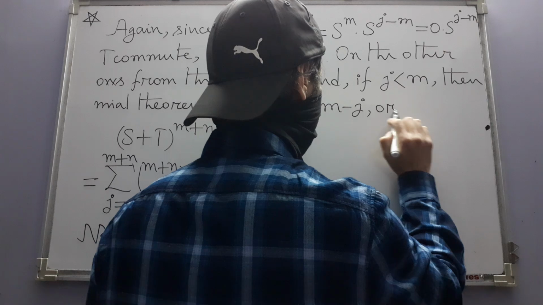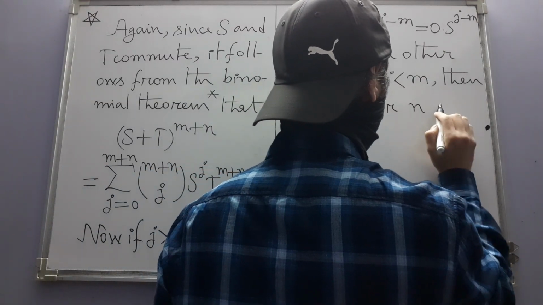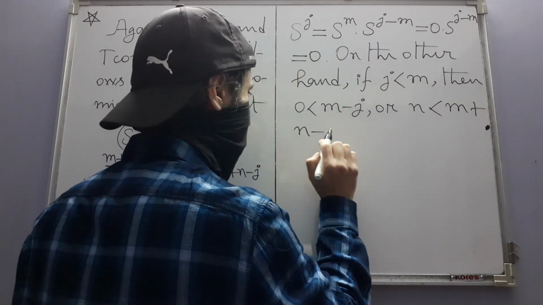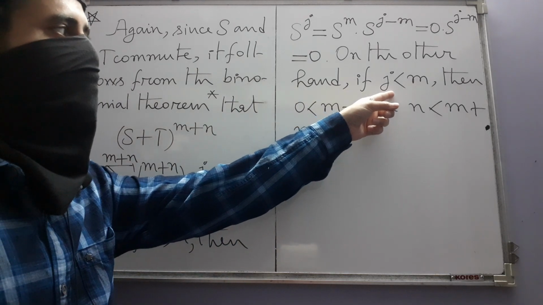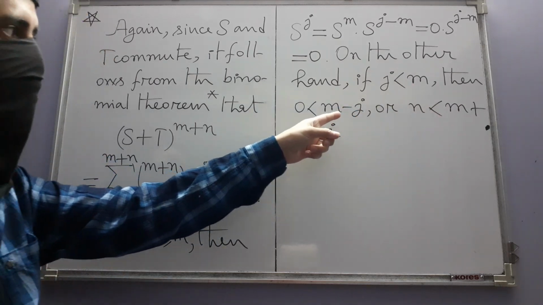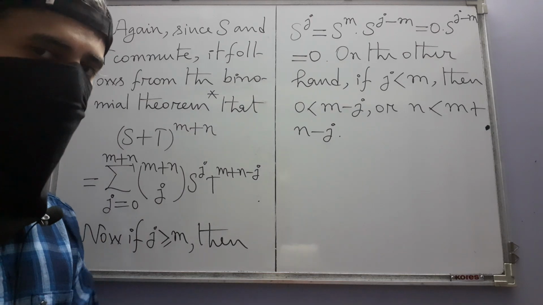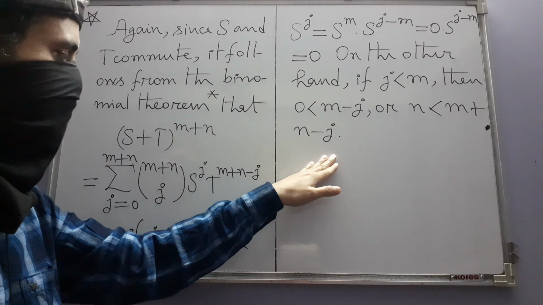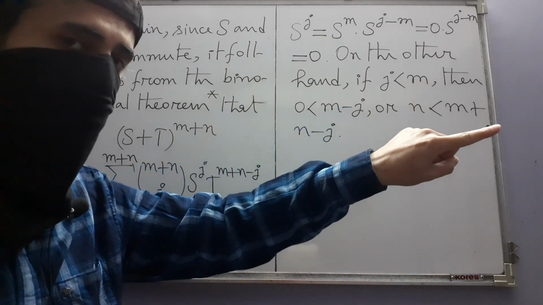Or now if you also add n to both sides, then you will get n is less than m plus n minus j. So luckily in these other cases, if j is less than m, then s to the power j may not be 0. We don't know. Maybe 0, may not be 0. But m plus n minus j, the exponent of t, has now become greater than n.